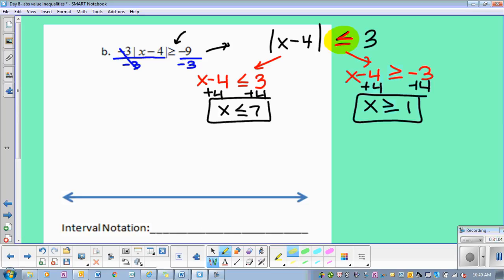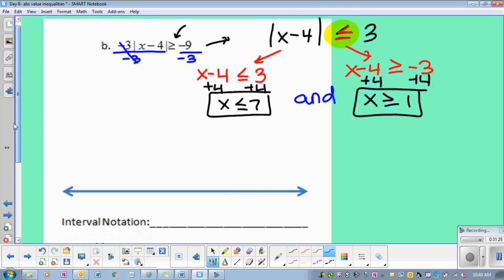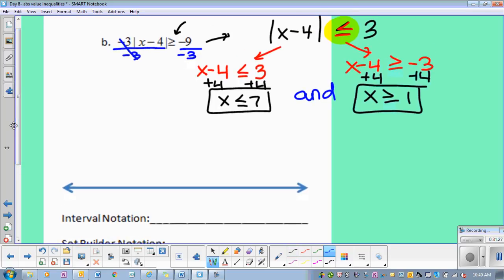So this is an and, right? If you used your original, you would say, oh, that's greater, it's or. No, you got to go to where you dropped the bars and wrote it twice. Okay?